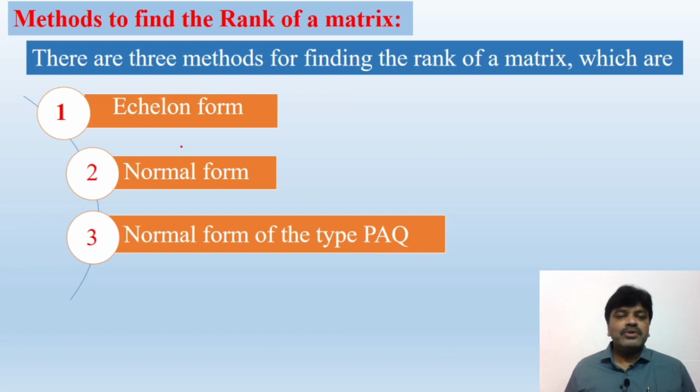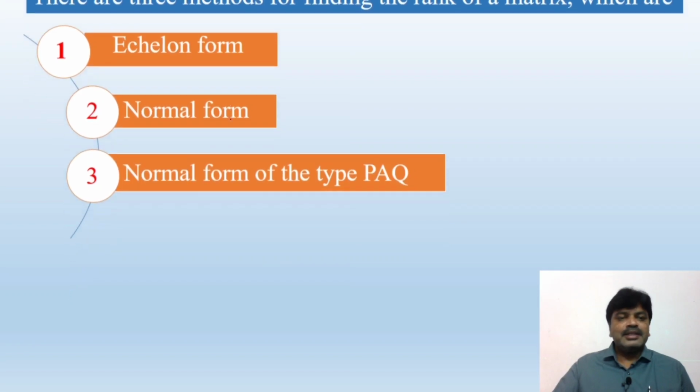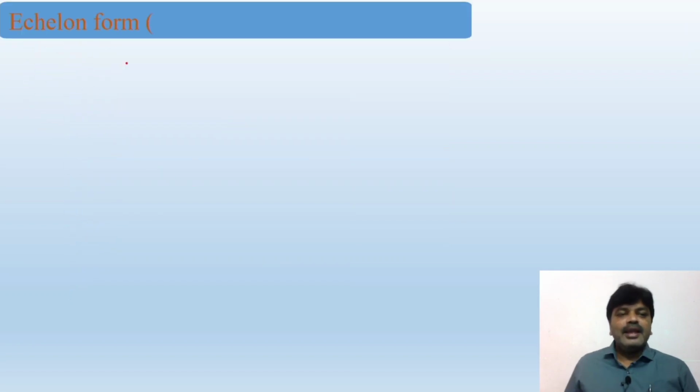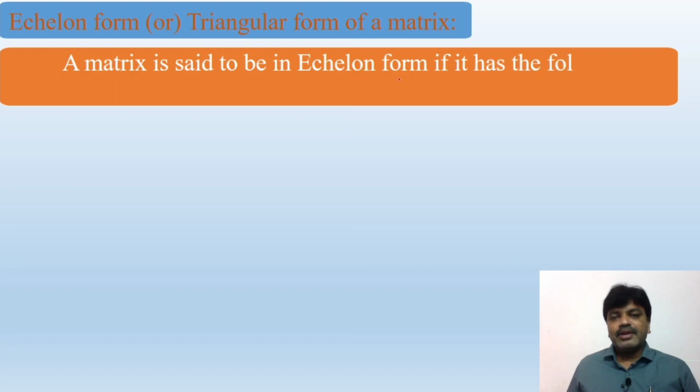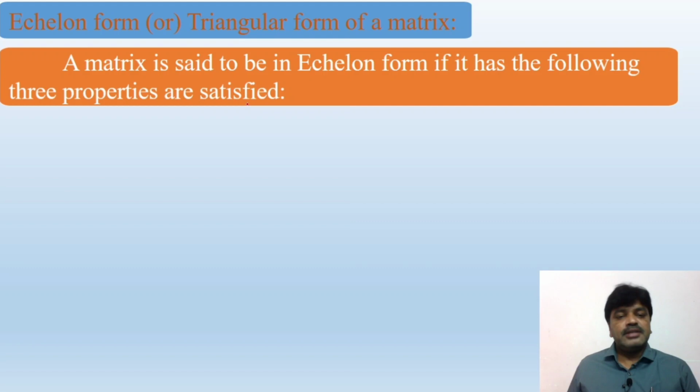Now our topic here is echelon form, or triangular form of a matrix. A matrix is said to be in echelon form if the following 3 properties are satisfied.